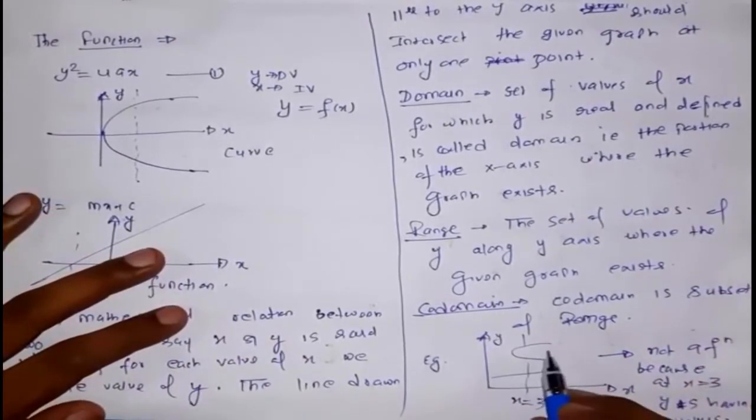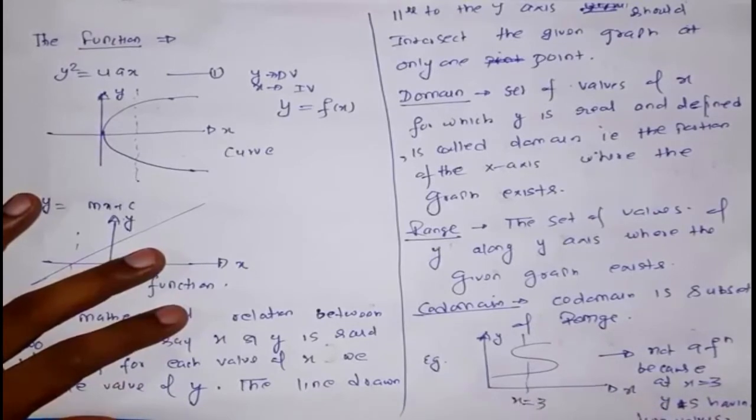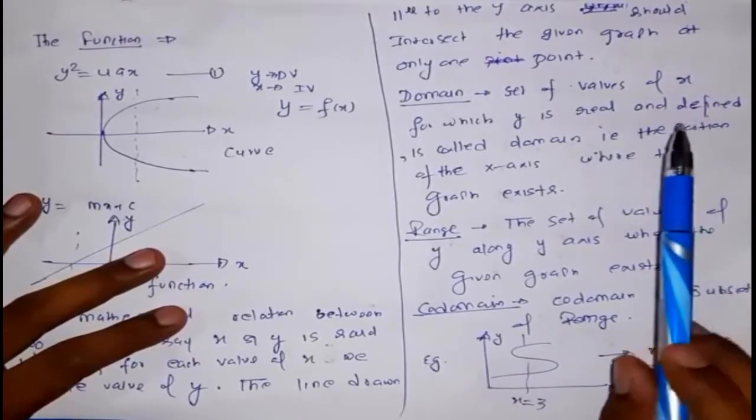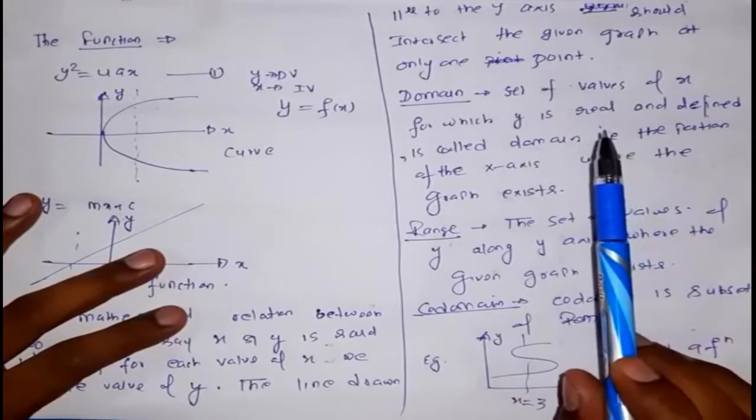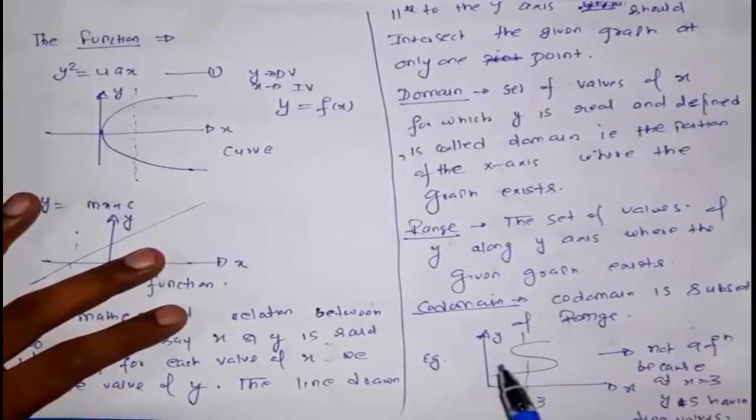I'm taking some examples. You need to choose whether it is a curve or a function. I have drawn a random graph of some curve or function. We don't know whether it is a function or a curve, but we have to identify. One standard method is that we draw a line parallel to the y-axis.